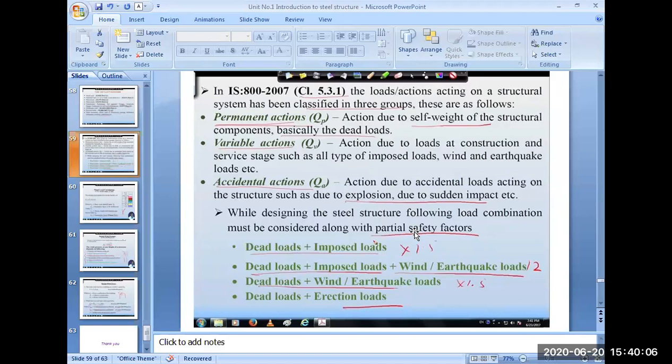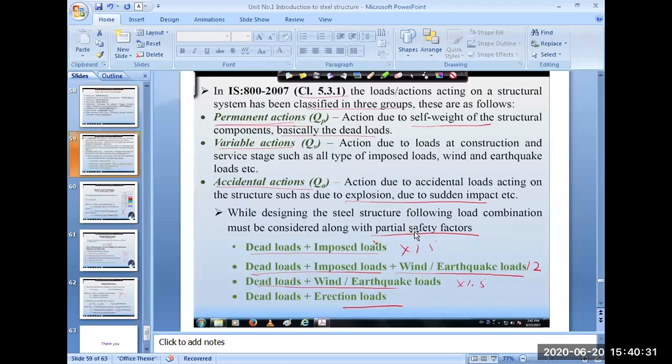One is permanent action. Permanent action means the loads which are permanent in nature. These are basically the self-weight of the structure, which we generally call dead load. The permanent weight of the structure is nothing but the dead load. So these are the permanent actions.